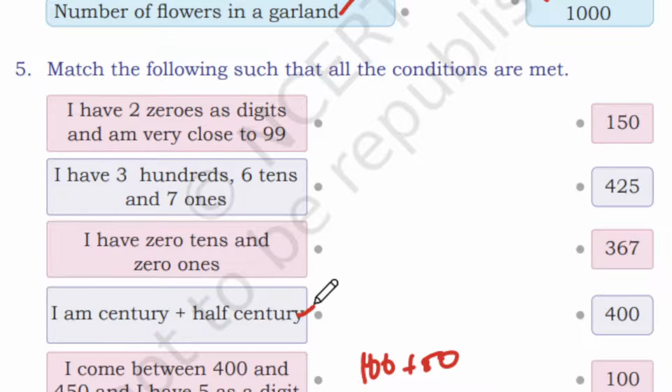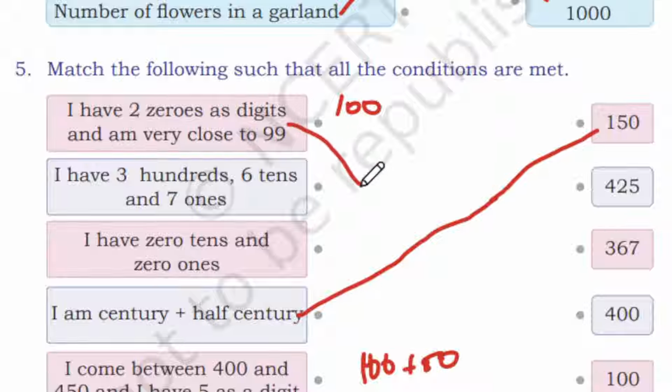So we have to mark 150 for this one. Next, I have two zeros as digits and I'm very close to 99. So it is very easy. Very close to 99 and which has two zeros is 100. So directly we can select option 100.